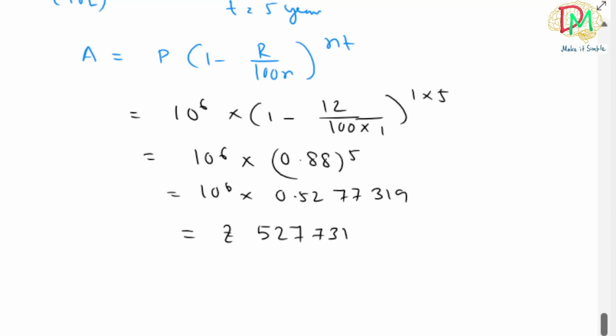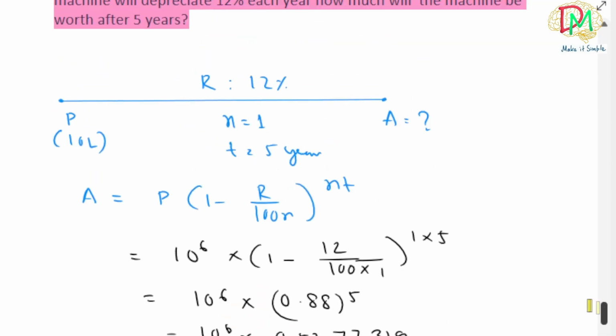Okay, this is the answer. So 5,27,731 will be the resale value after depreciation at the rate of 12% every year. Clear?